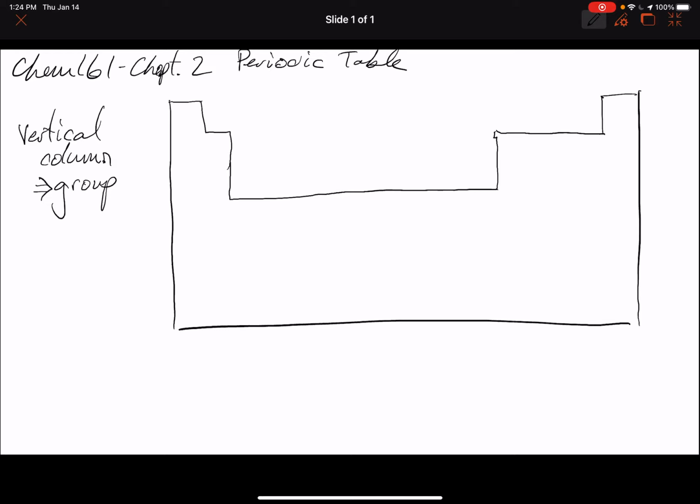Another way we could travel across the periodic table is perpendicular to that, so we can have a horizontal row. Rows are what we're going to call periods.